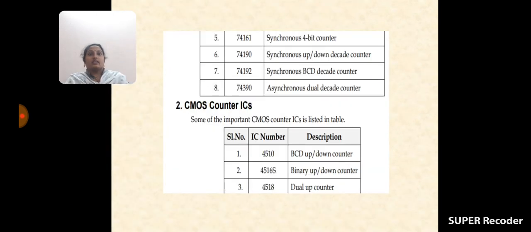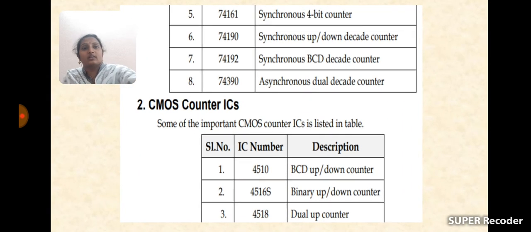Next series is 74161. It provides a synchronous 4-bit counter. And 74190 is able to produce a synchronous up-down decade counter.